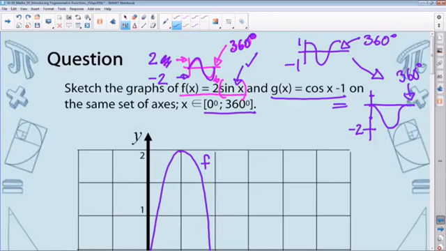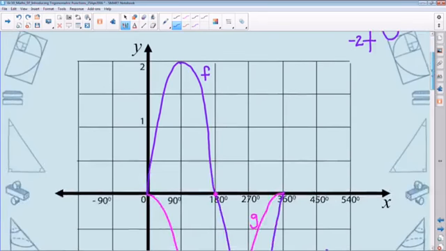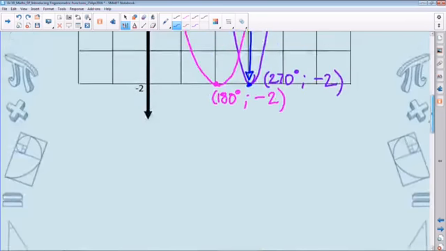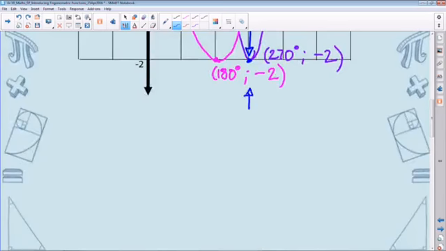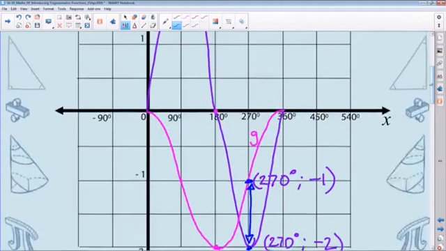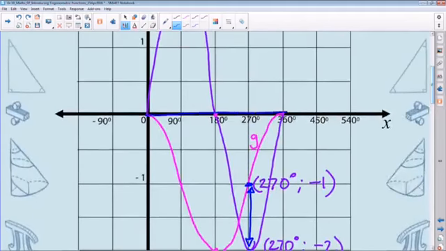The amplitude is the height from the middle point. Now f goes up to 2 and it goes down to -2. So that means it has an amplitude of 2, because from the middle point of the function up is 2 units.